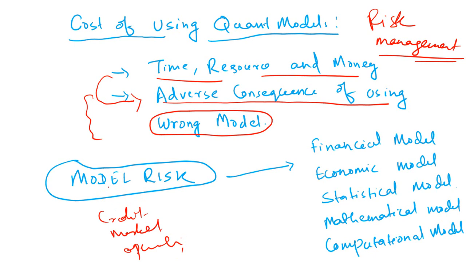But model risk deals with the risk involved in using a mathematical model or statistical model. So the model itself has some risk that is known as model risk, and in this session we'll learn how to ensure that this risk is mitigated and well captured.